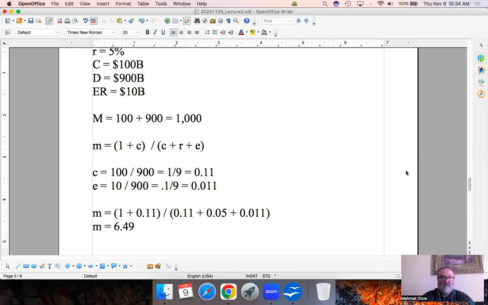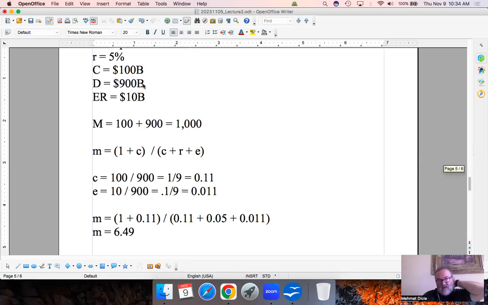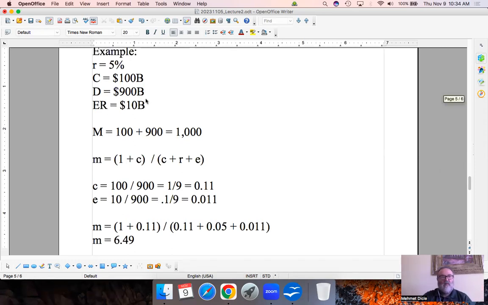That we derived. And this is our example, given that the currency is $100 billion, total deposits of $900 billion, excess reserves of $10 billion, and the required reserve ratio is 5%.